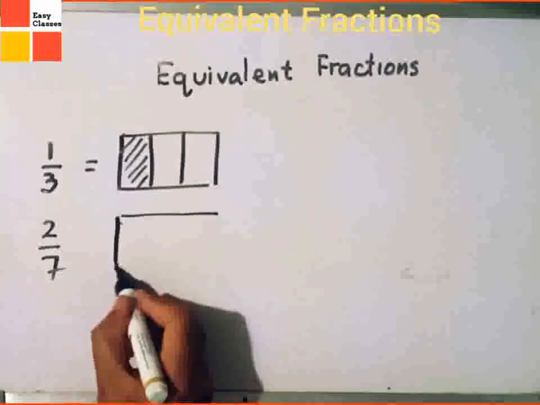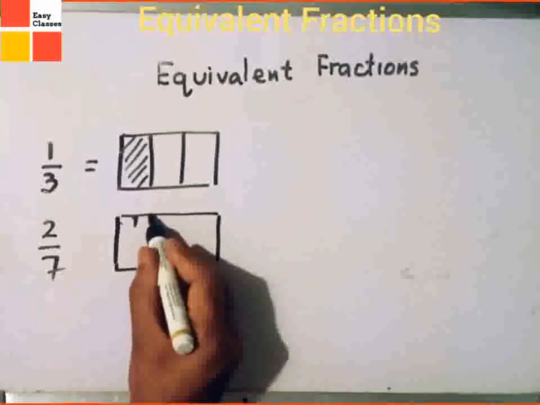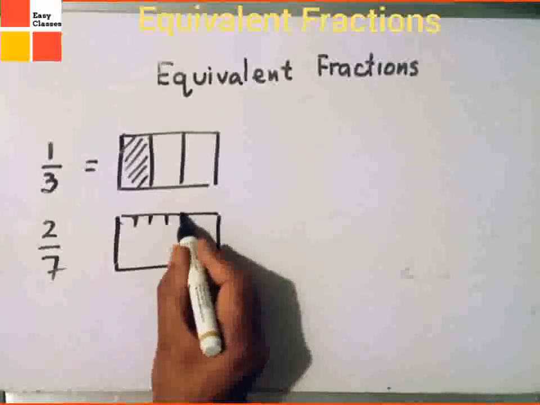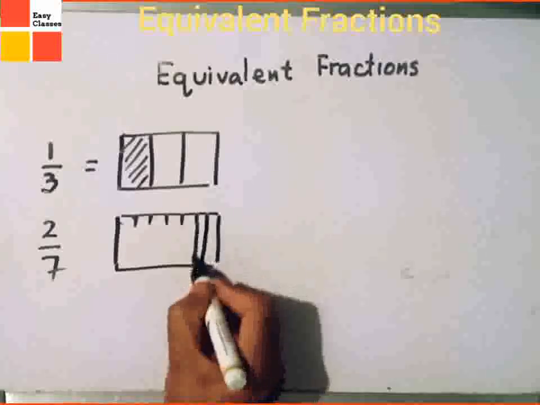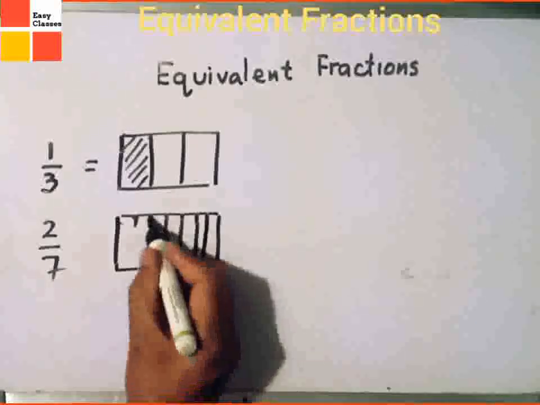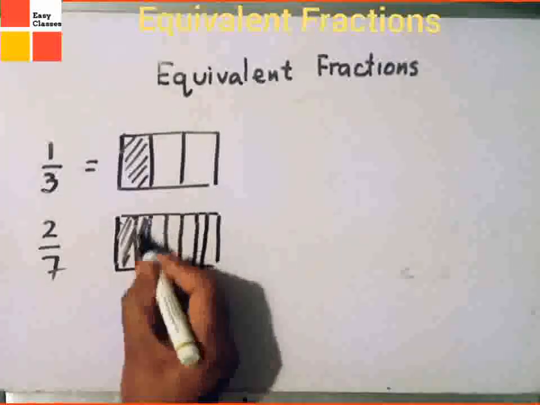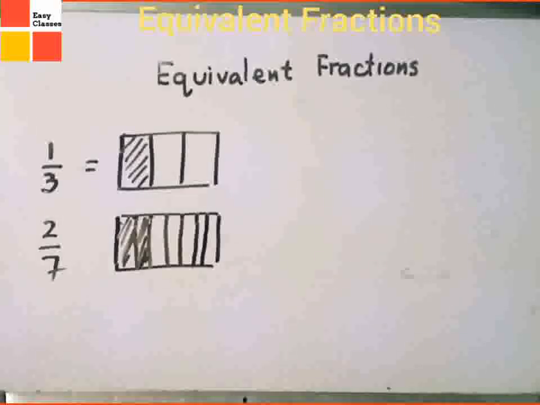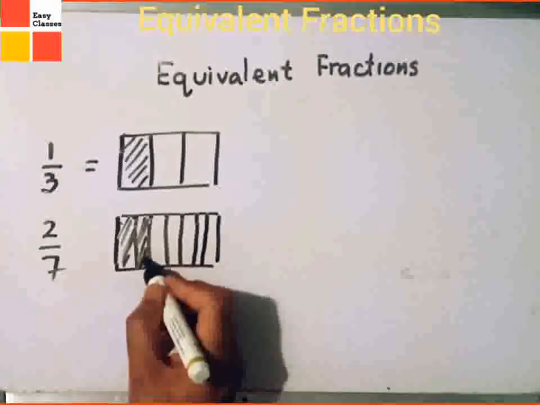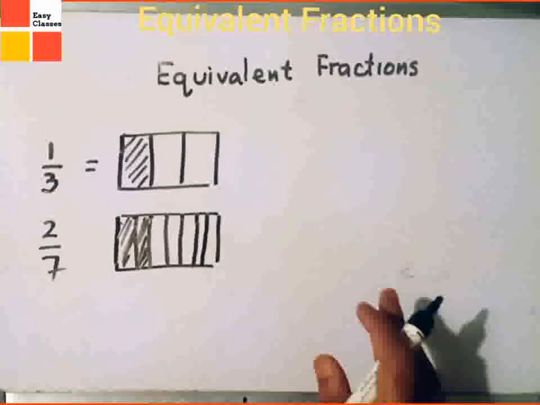For example 2 by 7: 1, 2, 3, 4, 5, 6 and 7. Two parts. Are these two fractions the same? No, these are not the same fractions. These are not equivalent fractions.